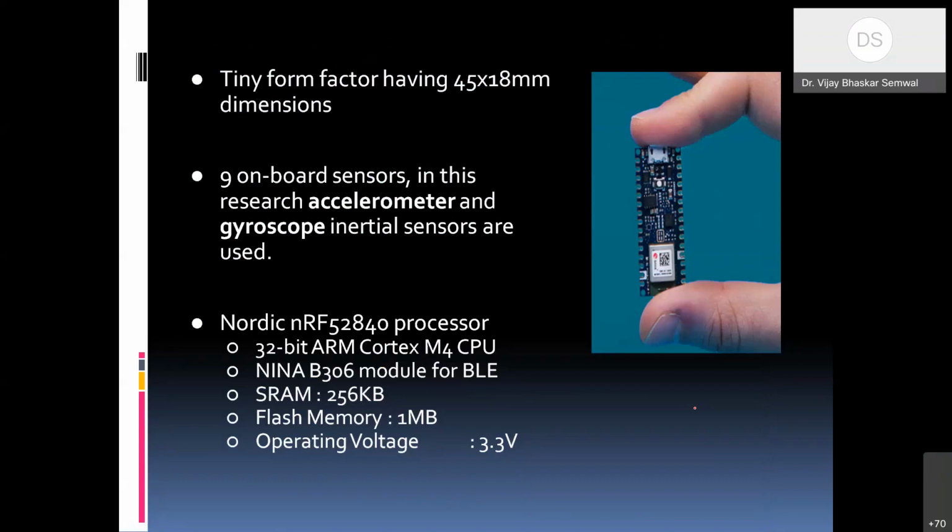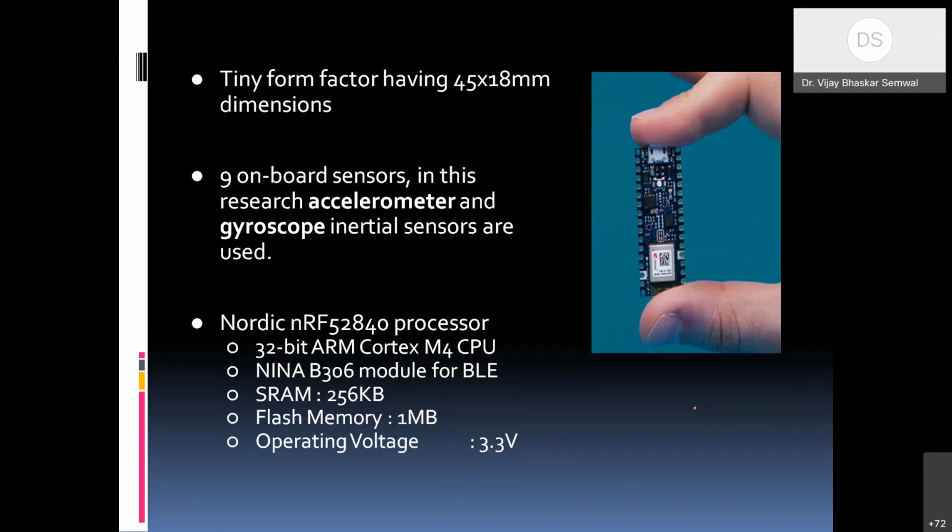First, the benefit is the tiny form factor. It's a very small device, only 45 by 18 mm, which you can easily place in your pocket. It is just like your index finger. It has nine on-board sensors, and this research explores the accelerometer and gyroscope in sequence.